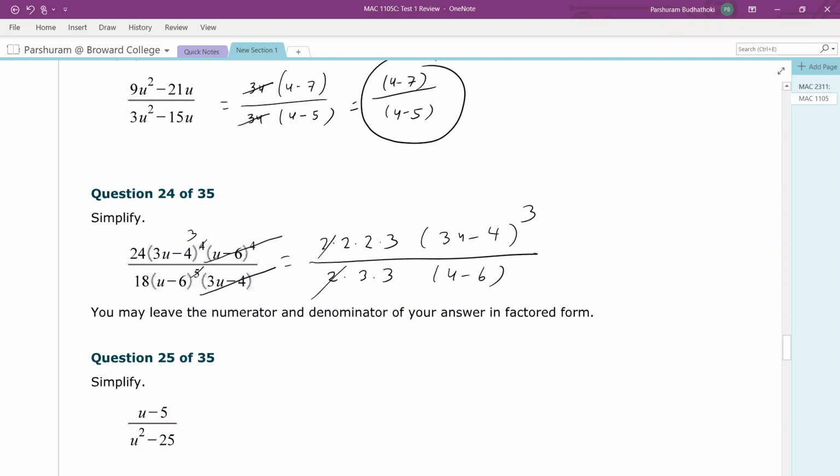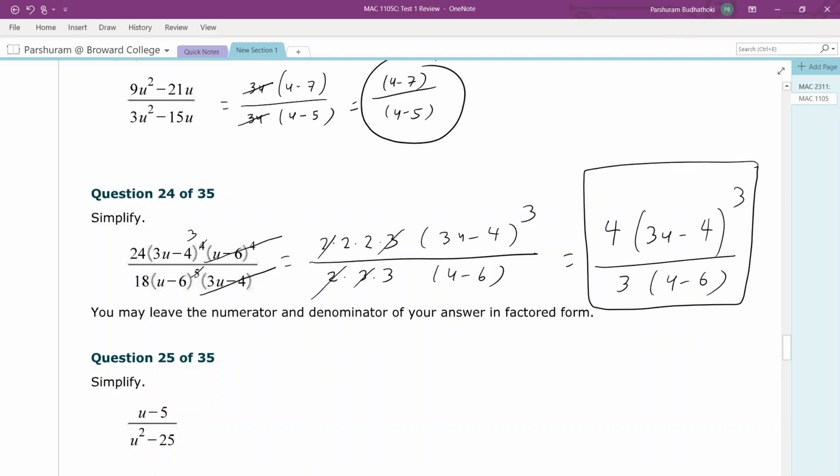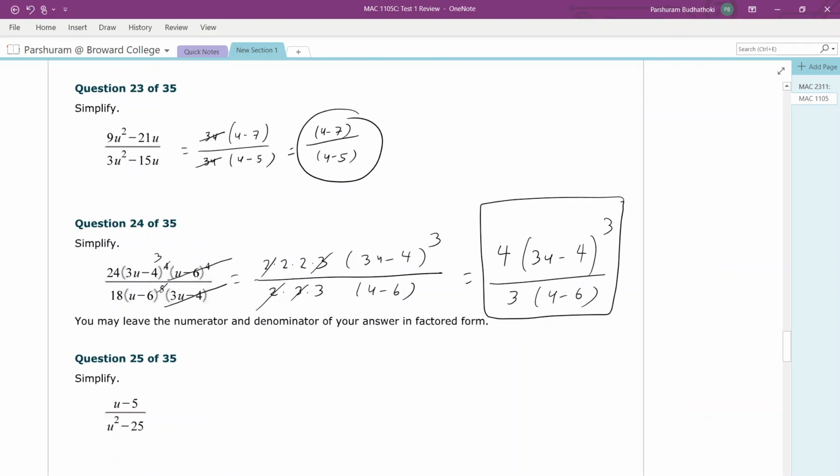So we can cancel out the common factor one more time. And by doing that, on the top part we get 2 times 2, which is 4, 3u minus 4 cube over 3u minus 6. So that's the most simplified form.